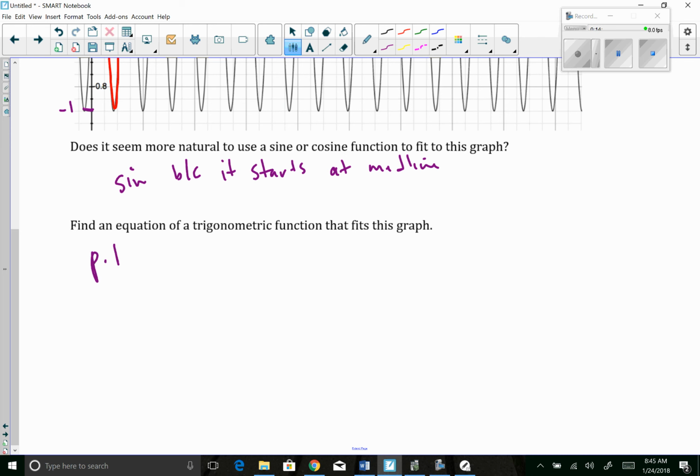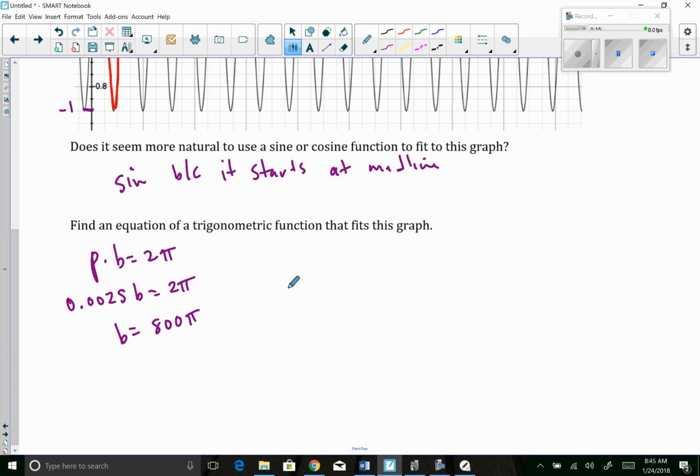So I know that the period times the frequency equals 2 pi. Well, we just estimated the period as 0.0025. If your estimation is different than mine, it's okay. You're only going to have one number that's different. If I divide 2 by 0.0025, I get 800. So the frequency is going to wind up being 800 pi.